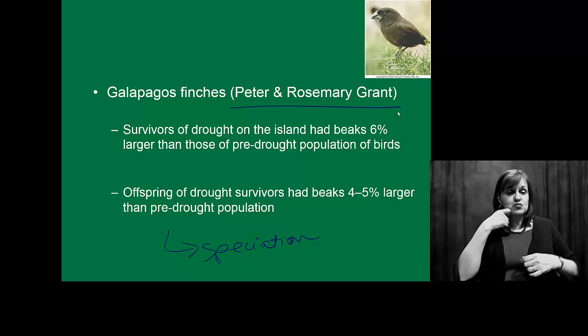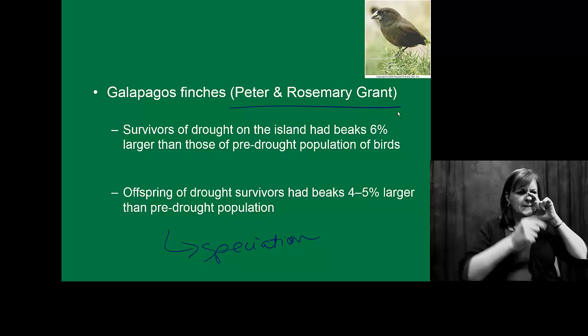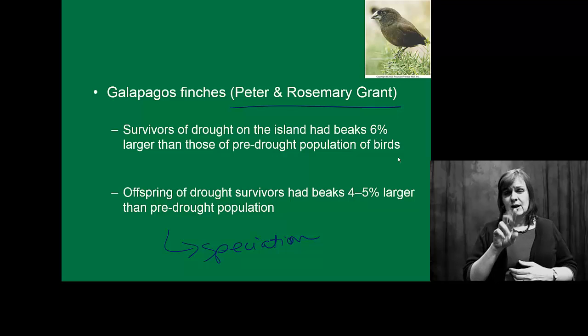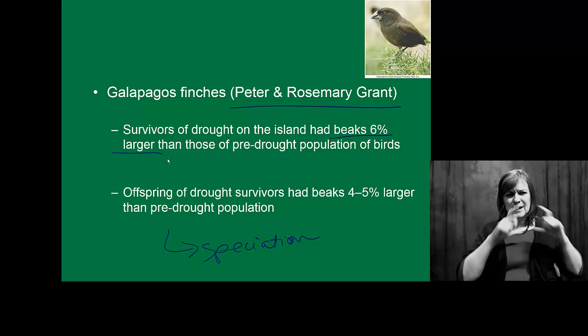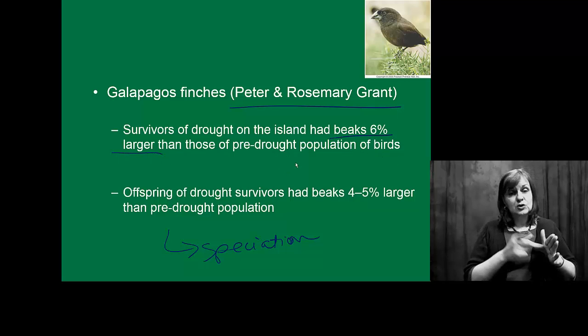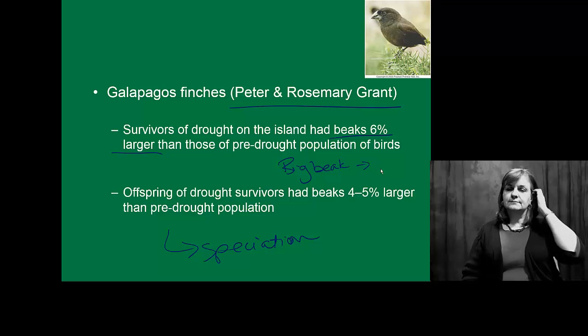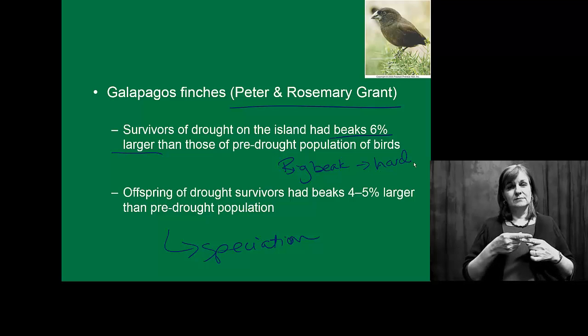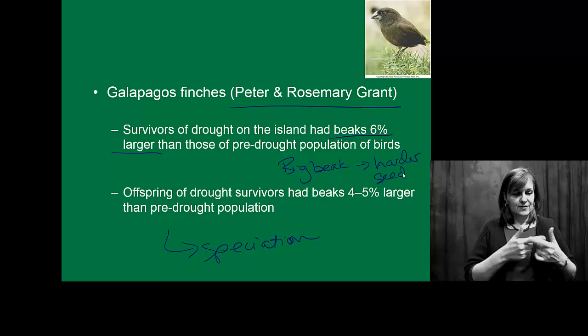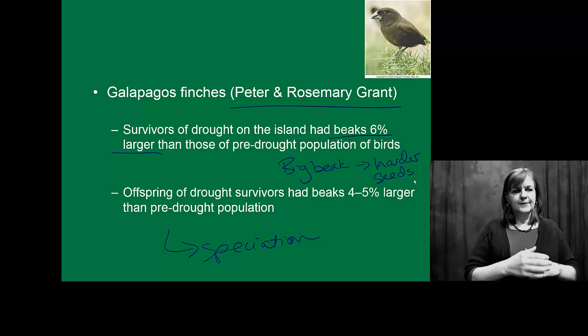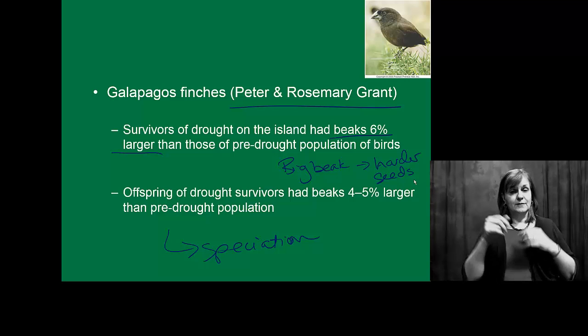And what they found was those that actually survived a drought had big beaks. Well, if you're going to survive a drought, why would you need a big beak? Big beak means that you can eat harder things, right? Harder seeds and so on. After a drought, plants are going to have very hard seeds produced, all right?